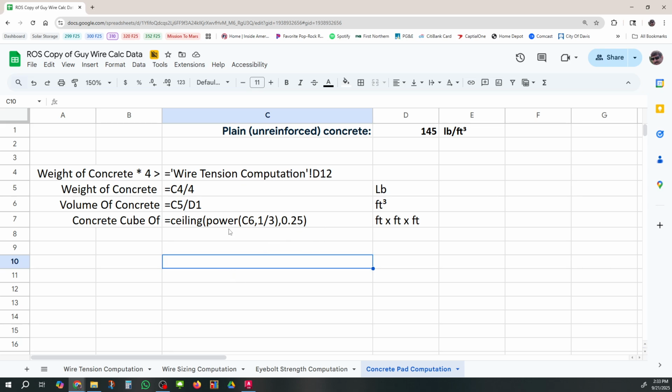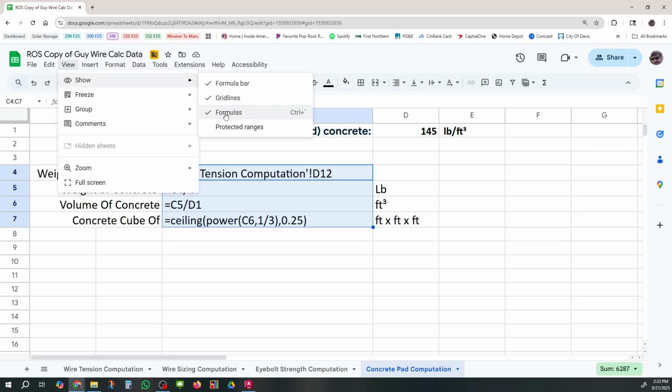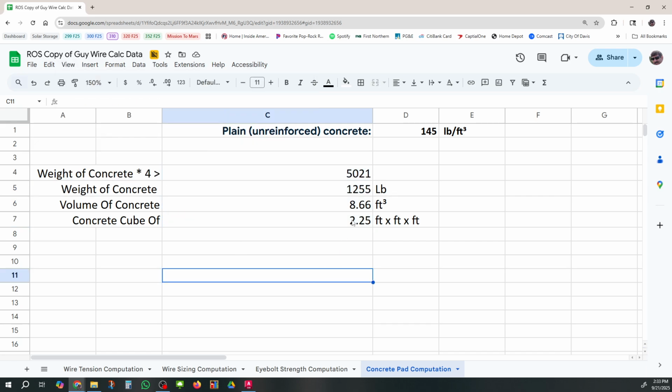So that's what you're going to put in there. So let's go back to my view, and there it is. I need a 2.5 by 2.25 by 2.25 cube of concrete to put my eye bolt into.